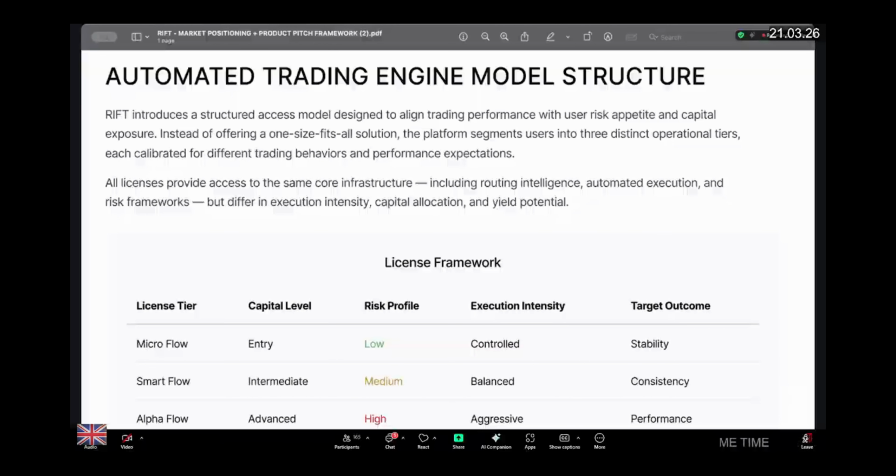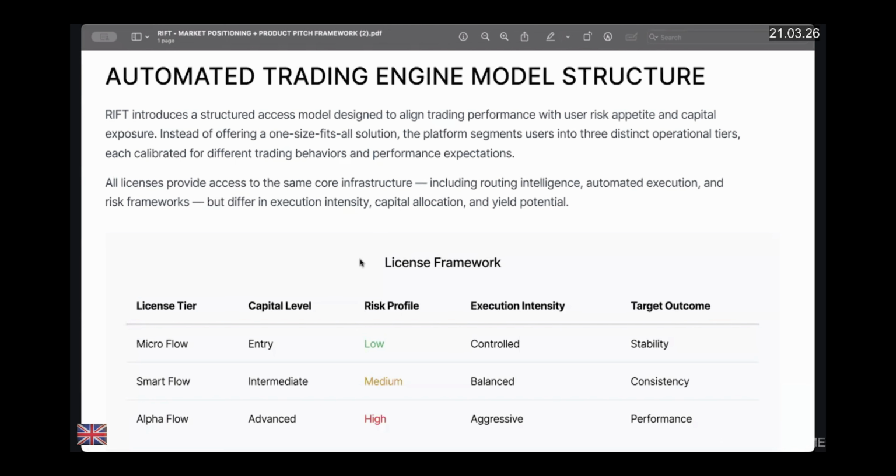We will discuss all three layers of the automated trading engine which we have built, how these layers perform, and what the basic specifications of all are. We discussed the model structure day before yesterday: how it operates, why we made the automated trading structure, what the whole principle behind it was, and why it's going to be successful.